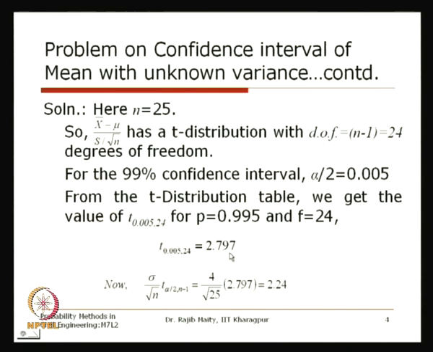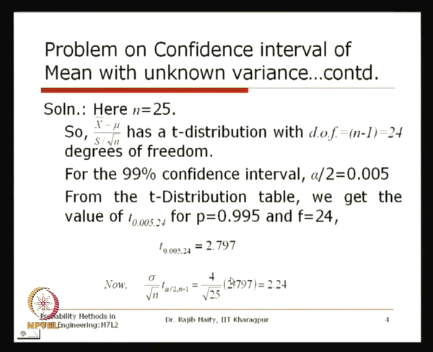So, this has changed, basically because of the degrees of freedom, that is 24. The smaller the sample size, the fewer the degrees of freedom, and the difference from the standard normal to the t will be larger. If the degrees of freedom go beyond 30, this value and the corresponding value for the standard normal distribution are essentially the same. That is why 30 can be used as a judicious cutoff: greater than 30 is a large sample, and less than 30 is a small sample, for which we have to use the t distribution.